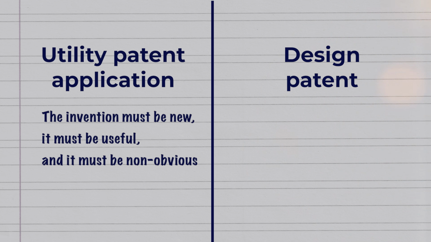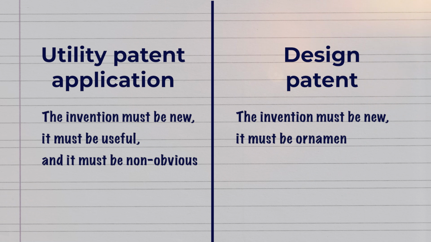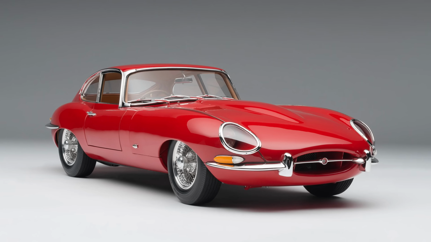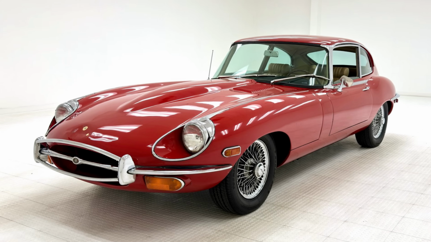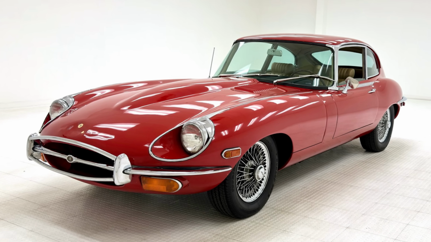The requirements for getting a design patent are that the invention must be new, it must be ornamental, and it must be non-obvious. An example of a famous ornamental design is my childhood favorite car, the XKE Jaguar. The shape of the front end of the car was beautiful and sexy, one of the most beautiful cars ever built. That front end design was protected by a design patent.